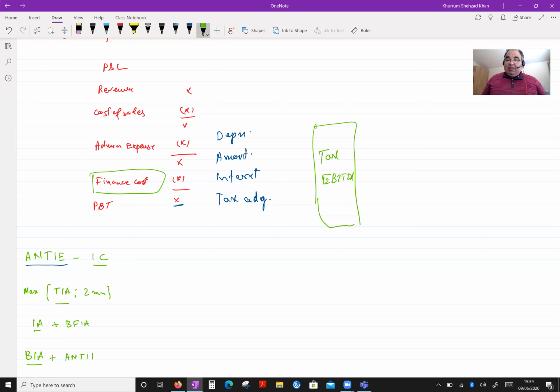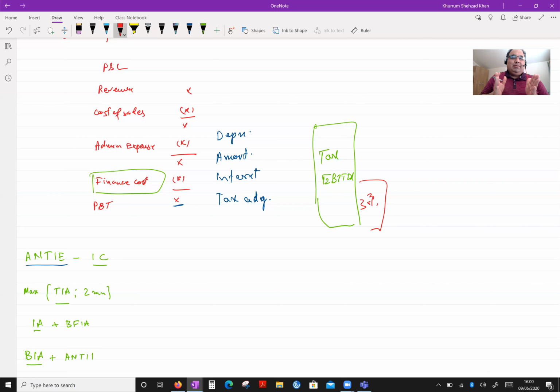Now they say, out of this box, I can give you two allowances. Either go for the fixed ratio method and take 30%, or the group ratio method. Basically, you look at all the interest expenses you have from third parties.